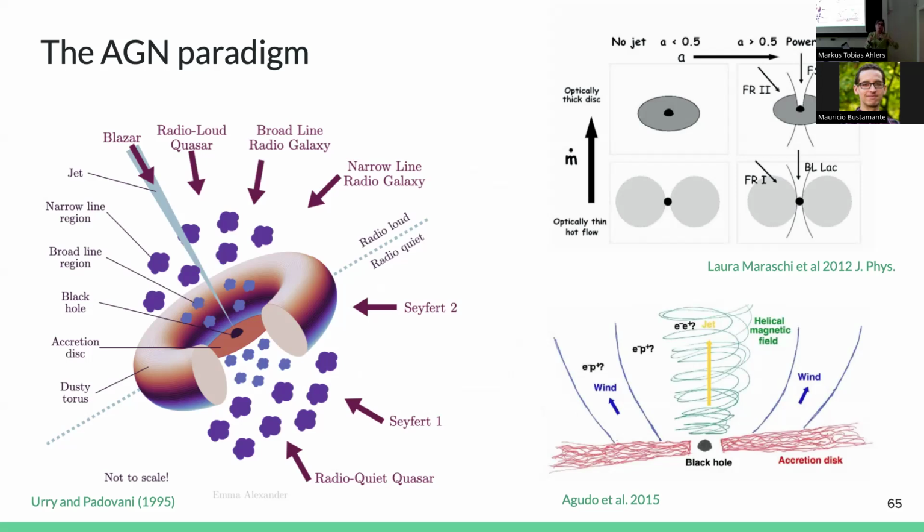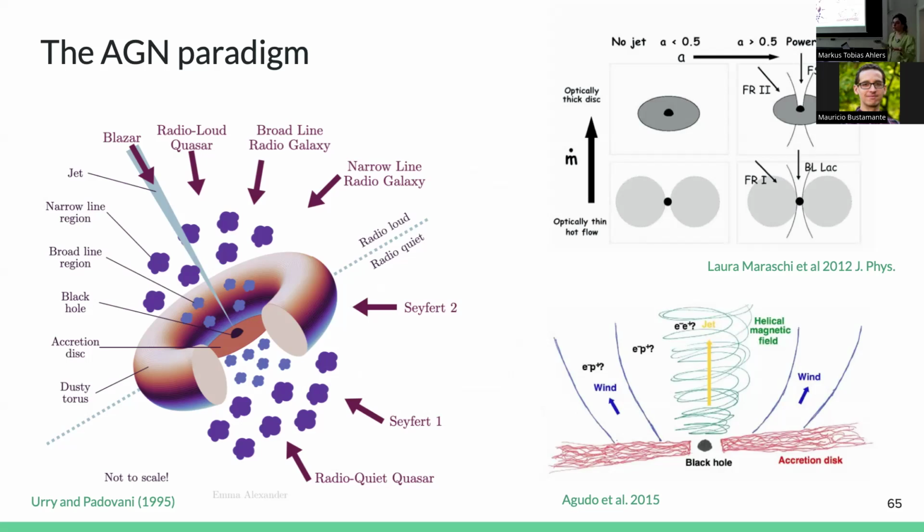An open question in our field, just to give you an idea, is that we still don't know how the jets are loaded with plasma. So we are talking about pure electromagnetic radiation, Poynting flux, that is being driven away from the central black hole to large distances. But what about particles? How do we create the electrons and positrons that we need in order to explain the observations that I discussed before, the optical light, radio, and so on?